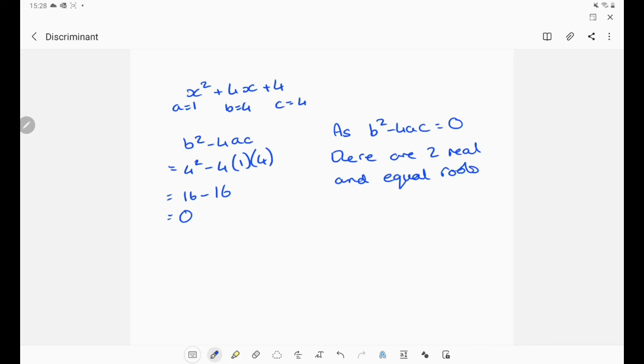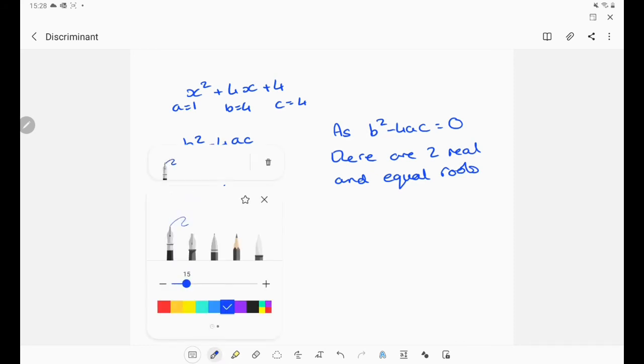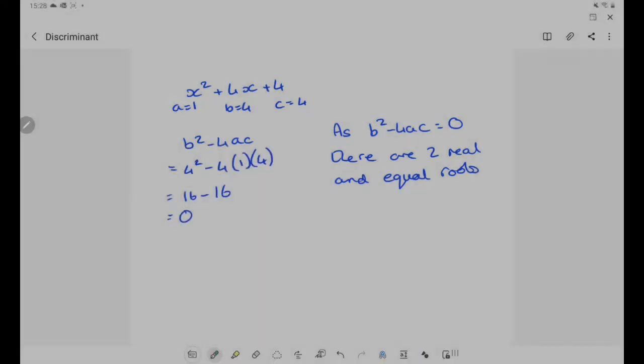Okay, last example we had in the notes was this one here. So we've got 2x squared plus 4x plus 4. A equals 2, B equals 4, C equals 4. Into the formula it goes. So 4 squared minus 4 times 2 times 4.